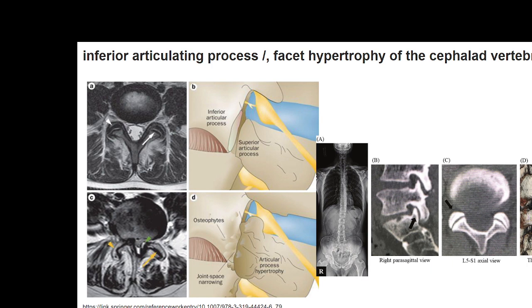Now, the other causes of spinal canal stenosis are where the stability of the vertebral column is altered. There could be an articulating process affected, the articulating process between the superior and inferior spine, and hence the facet joints become unstable.